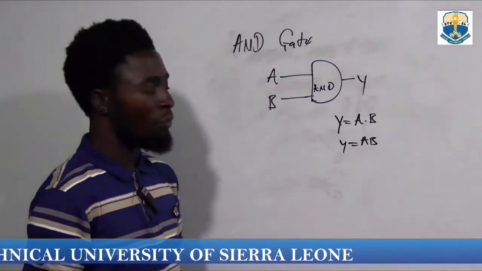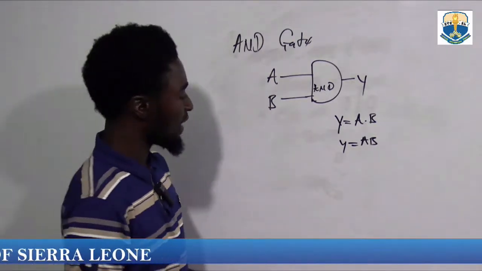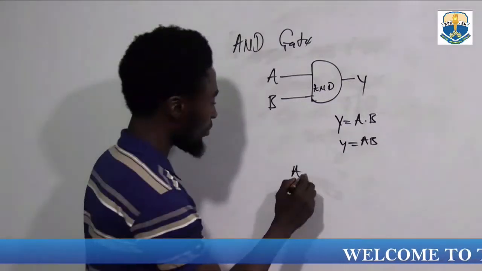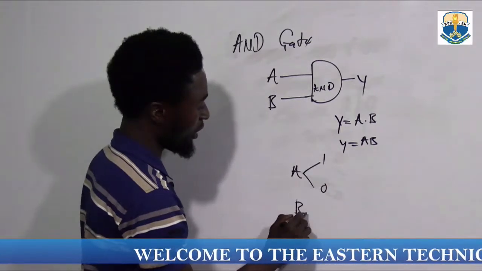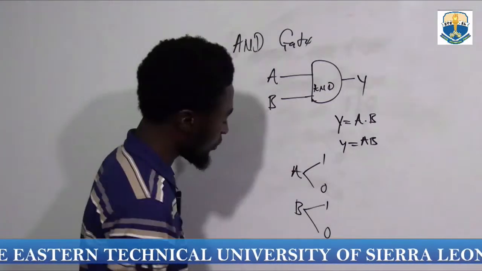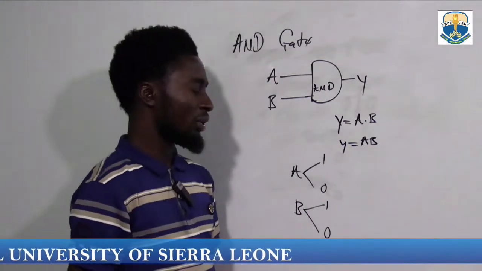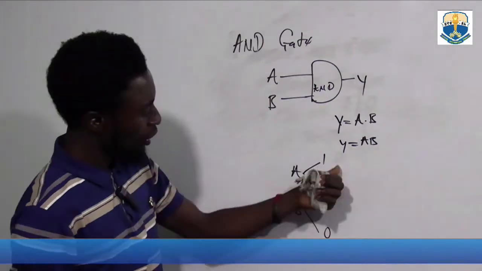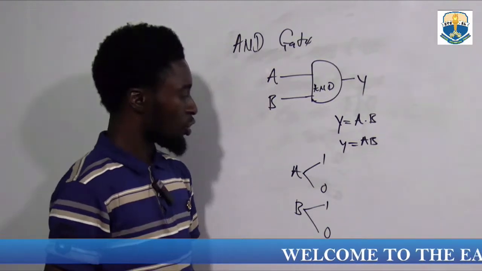If we are drawing our truth table, we should take note of these conditions: the 1 and 0 conditions for A, and the 1 and 0 conditions for B. You have 4 separate conditions, and we expect A to be in one of these and B also to be in one of these conditions.